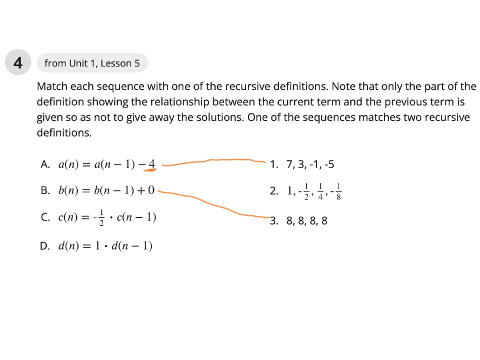Okay. Times -1/2. No, -1/2. So one is positive, one is negative. So that's that one. C goes with 2. Now, 1 times the previous term. The first term is 8 times 1 is 8 times 1. So look at that. 2 of them go to 3.